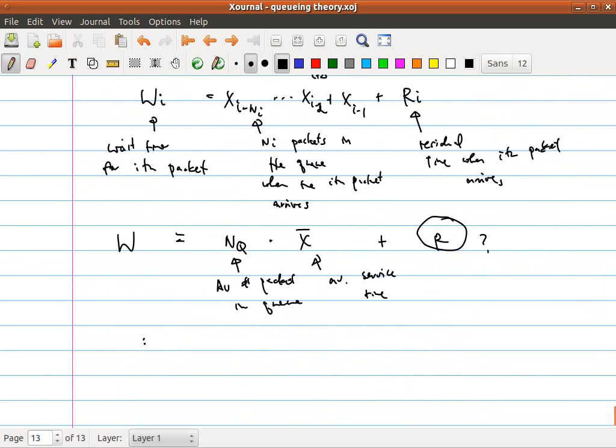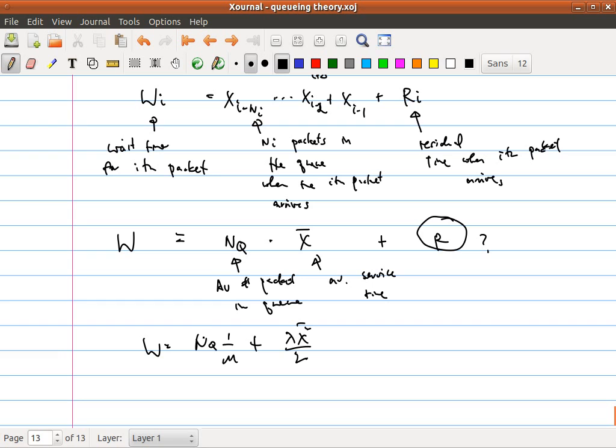So I have W equal to NQ x bar plus lambda x bar squared over 2. And of course the x bar here is actually just equal to 1 over mu. What's NQ, by the way? NQ is related to W, right?